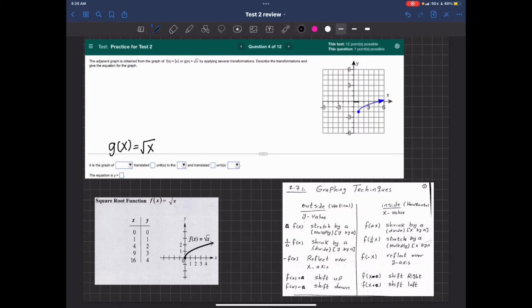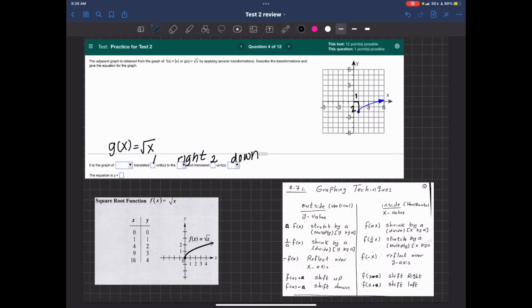Let's translate it 1 unit to the right. And then from there, I go down. So I went 1 to the right, 2 down. So I go 2 units down.